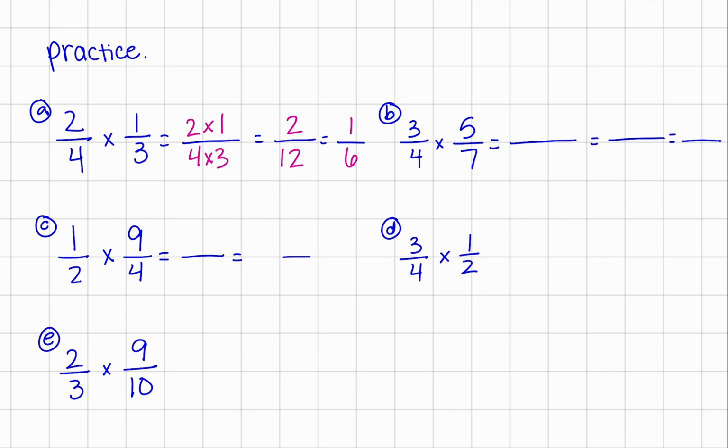Let's look at B. Our numerators are 3 and 5, so 3 times 5, and our denominators are 4 and 7, so 4 times 7. 3 times 5 is 15, and 4 times 7 is 28.